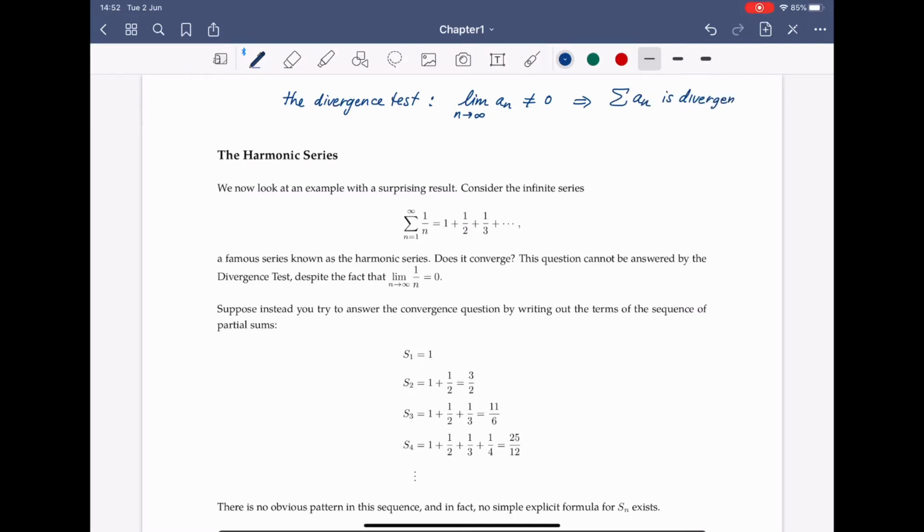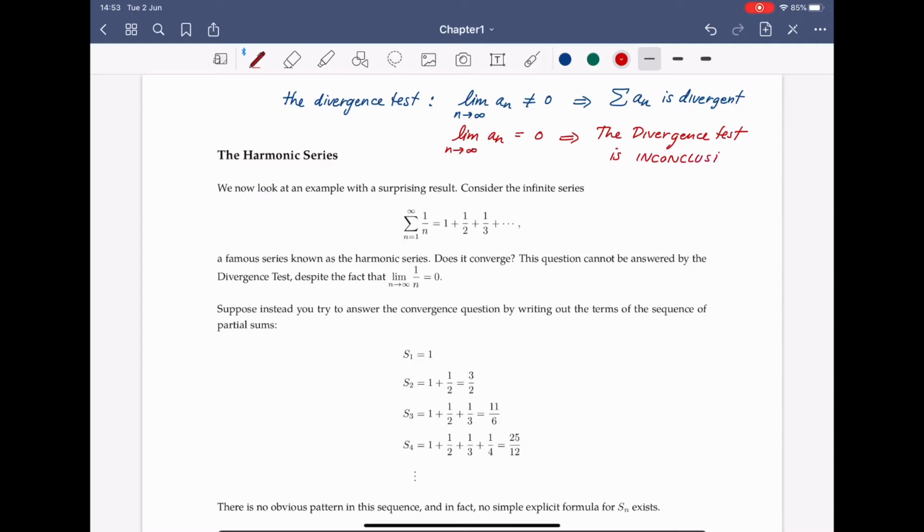And we just learned that if the limit of a sub n equals 0 as n goes to infinity, the divergence test is inconclusive.